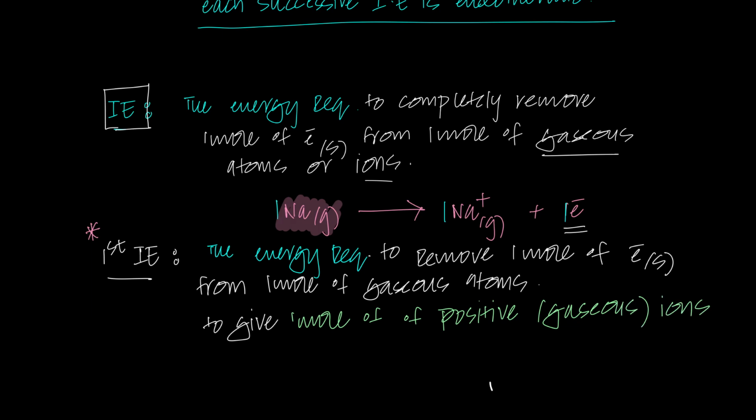So to give you 1 mole of positive ions, it's giving me 1 mole of positive gaseous ions. And you remove the energy required to remove 1 mole of electrons from 1 mole of gaseous atoms of that element, doesn't really matter. But that's how you need to define it in the exam.